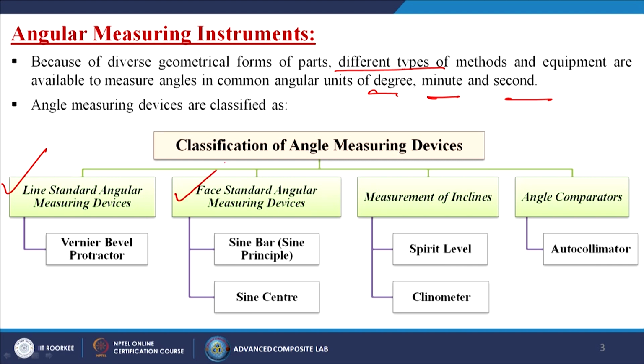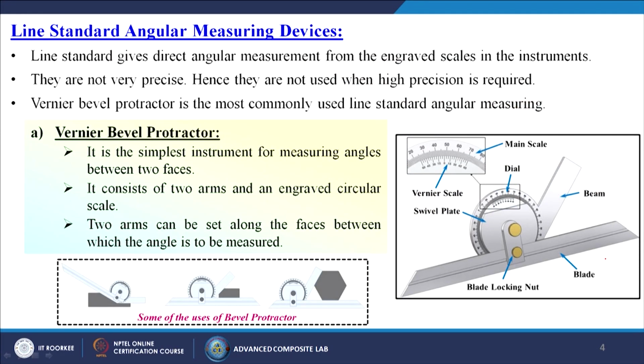Then face standard angular measuring devices, where we have the sine bar based on the sine principle, and the sine center. Then measurement of inclines, like the spirit level or the clinometer. Then angle comparators, like the autocollimator. Now, we will discuss all these one by one.